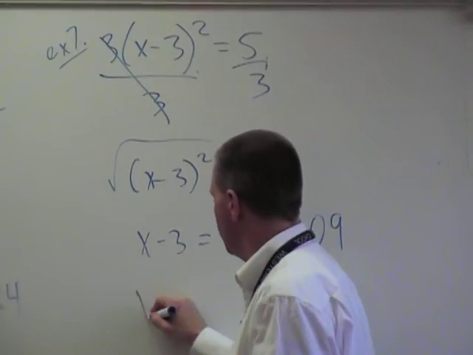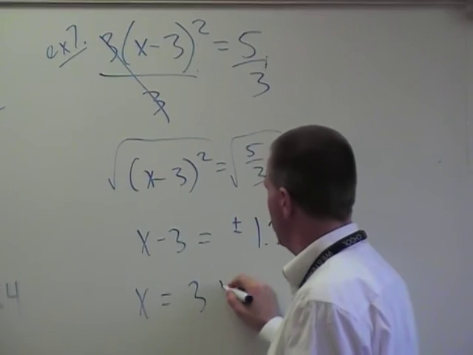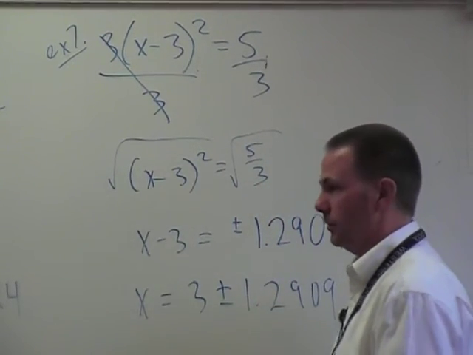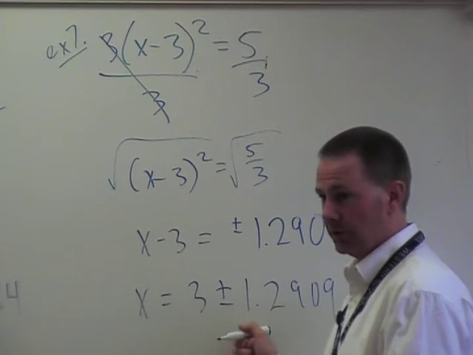Alright, so we add 3. We get 3 plus or minus 1.2909. You're not done. I want to know what this is.